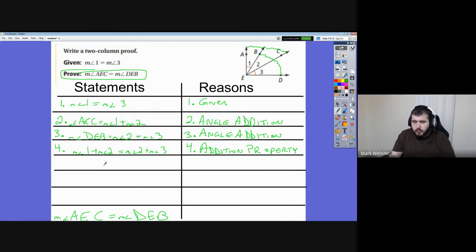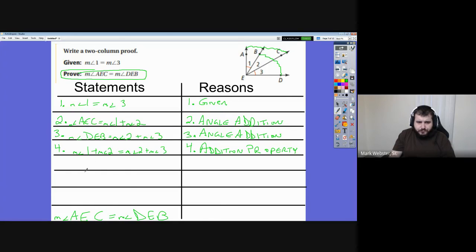Right? Well, isn't that what I want? Isn't the measure of angle 1 and the measure of angle 2, isn't that angle AEC? The measure of angle 2 and the measure of angle 3, isn't that the measure of angle DEB?